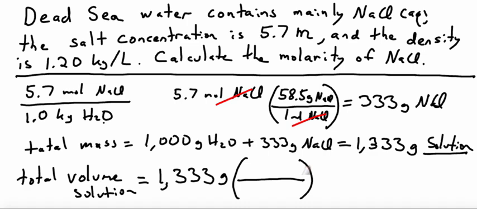So we could change this to kilograms by dividing by 1,000. Now we have 1.333 kilograms. We said that there are 1.2 kilograms for every 1 liter. We can check that we've done the conversion right by looking at our units, and we can cancel kilograms with kilograms. So dividing by the density was the correct thing to do.